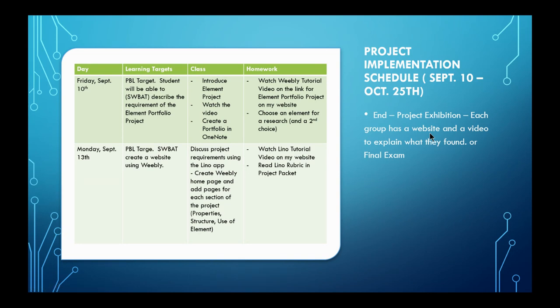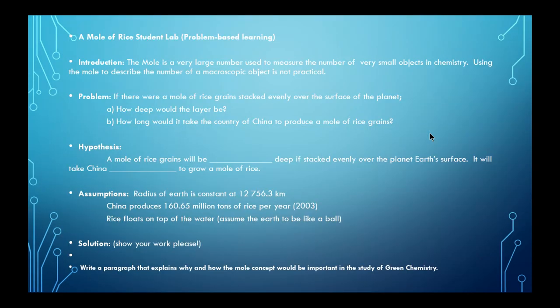A long-term project, right? On the other hand, with problem-based learning, in chemistry we use something like a mole of rice student lab. They're counting how many grains of rice there are in a mole, and comparing that to how many millions of tons of rice per year China makes.